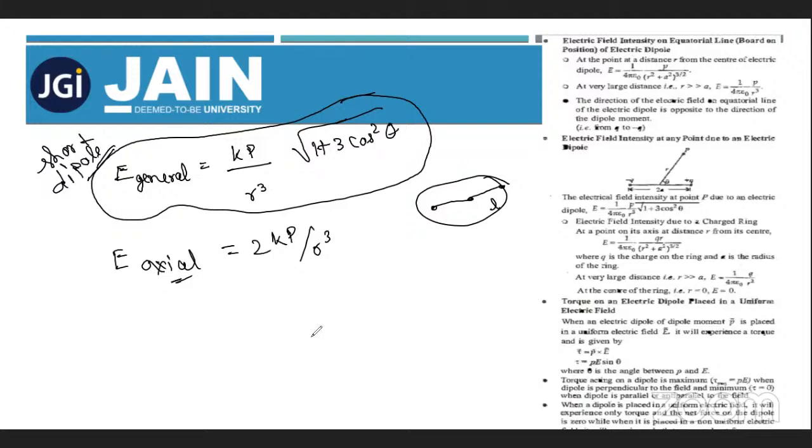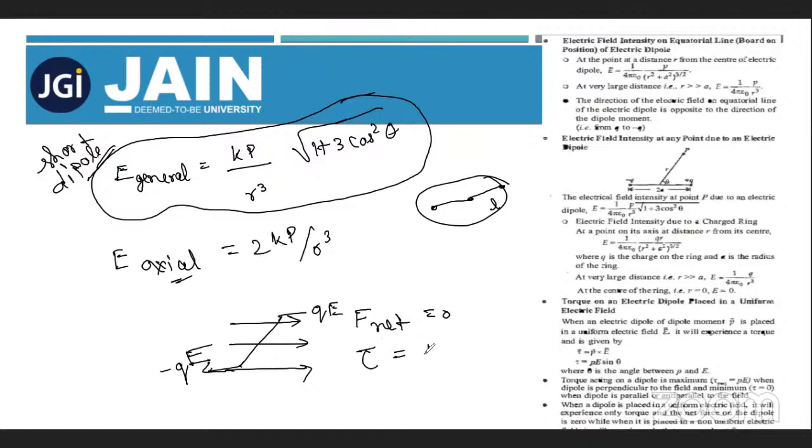Now the formula for torque when a dipole is placed in a uniform electric field. In this field you place a dipole, so it will produce a torque. In this condition, the net force will be 0, because one charge gives you plus QE and another gives you minus QE. So F net will be 0, but you'll have torque. Torque, being a vector quantity, is represented by the vector product of the dipole and the electric field.